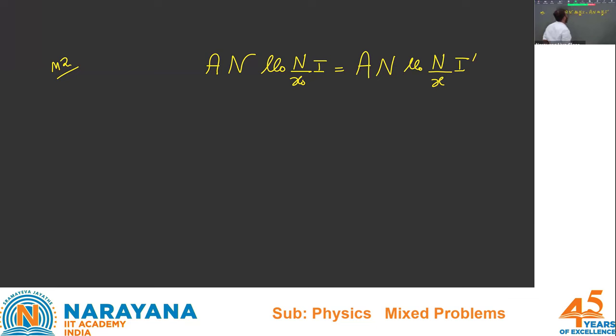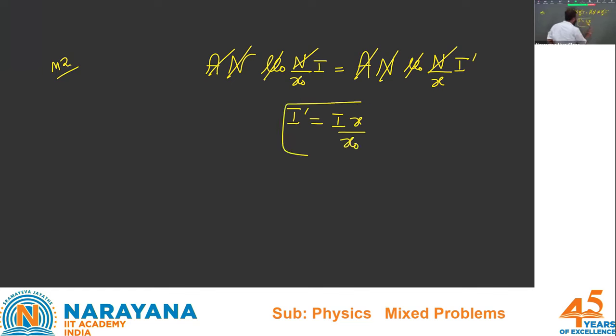So there should be this I prime that I should write as I x upon x naught. So in the equation that I have written previously, I is not the right thing. We should replace it by I prime.